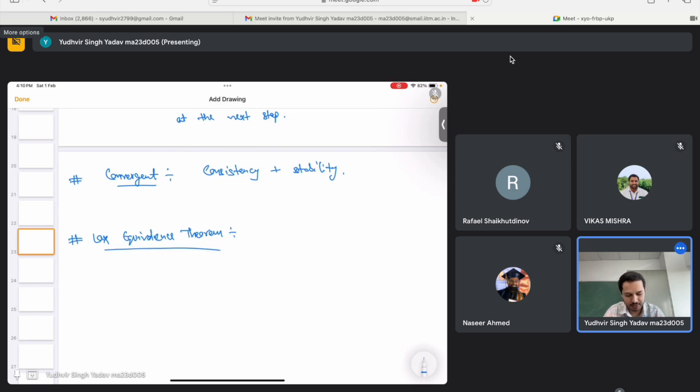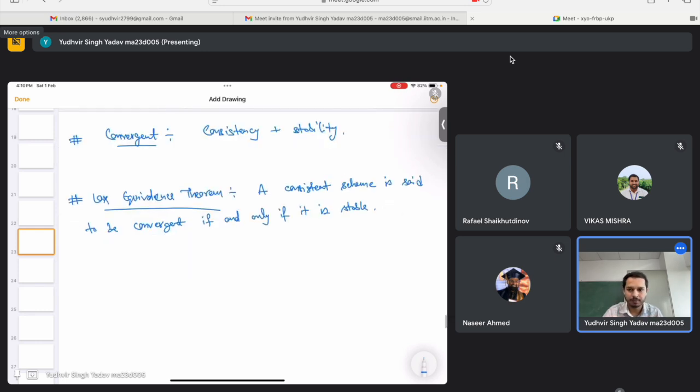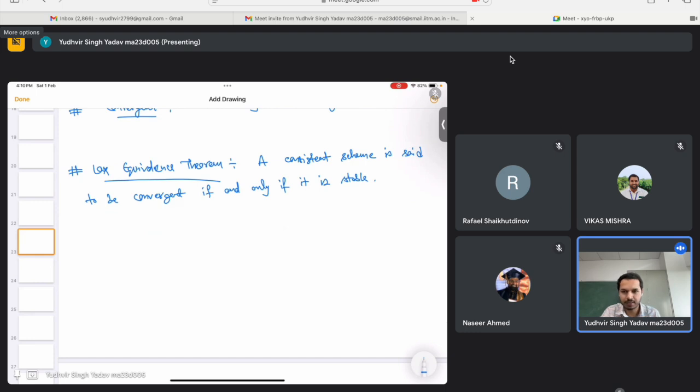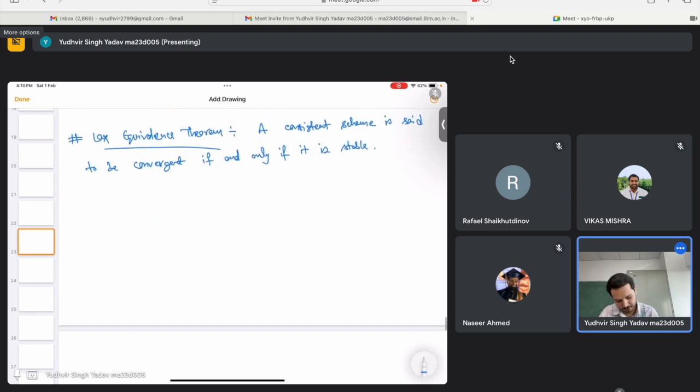It just states what I have just said, that a consistent scheme is said to be convergent if and only if it is stable. So now we will discuss the stability of the above schemes.